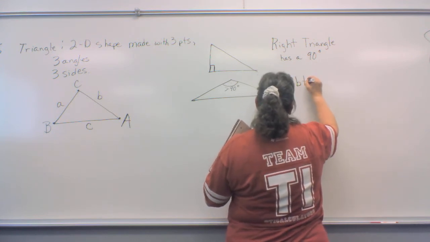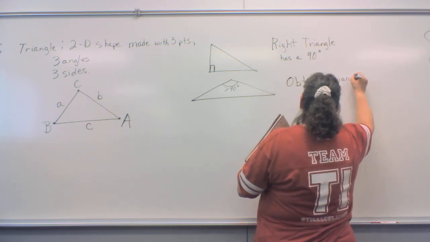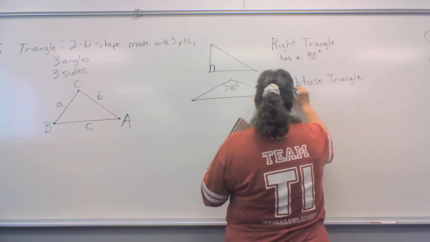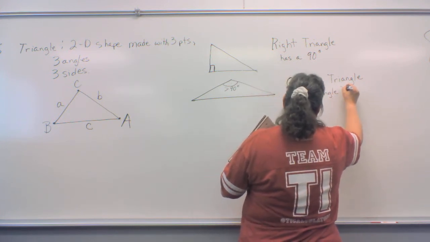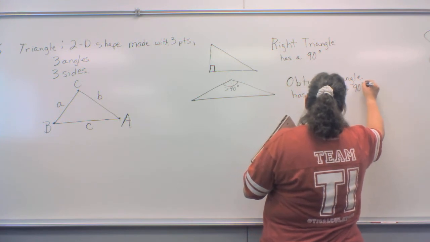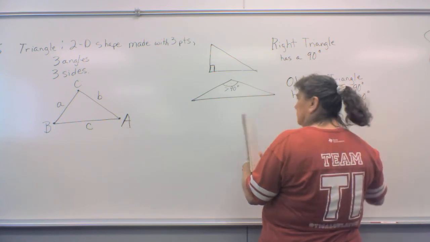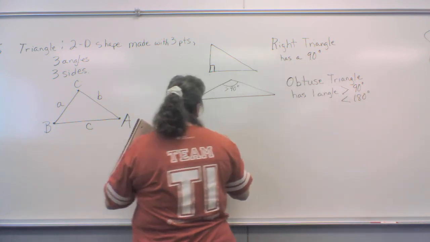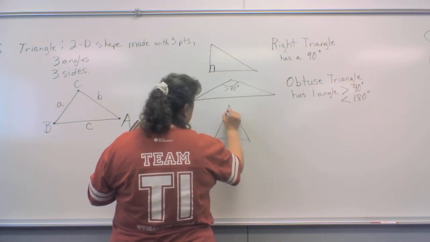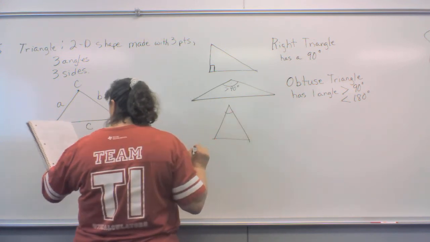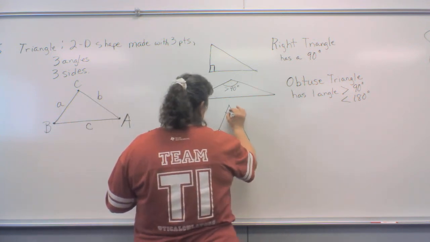So therefore, this is an obtuse triangle because it has one angle greater than 90 degrees and less than 180 degrees. Okay? And the last one is an acute triangle. An acute triangle has all 3 angles less than 90 degrees.